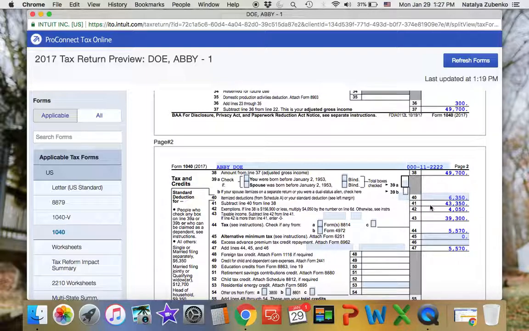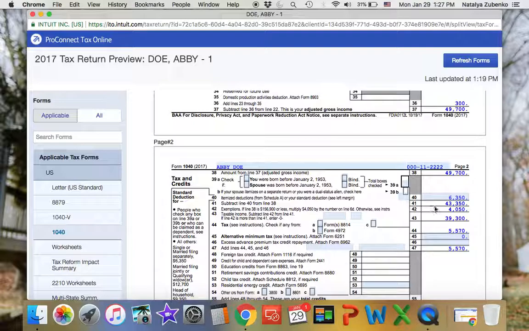But if you have over $6,350 in deductions coming from charitable, state taxes, real estate taxes, mortgage interest, you get to itemize. So if you have over the $6,350, you can add up all those other expenses and get a bigger dollar amount of a deduction here. But if you're just a typical single person, the flat amount that you get is $6,350 here.